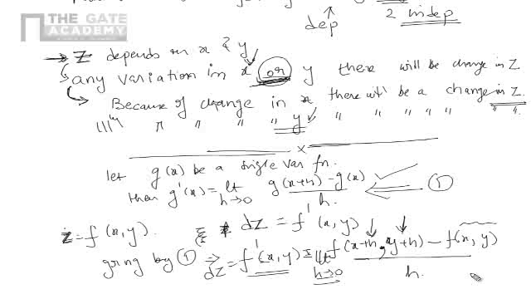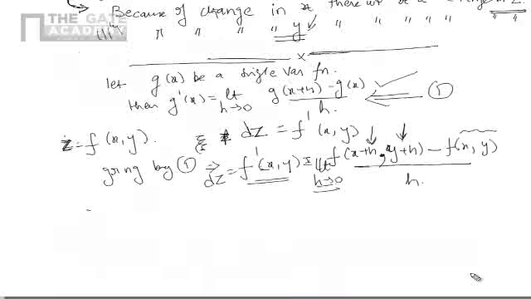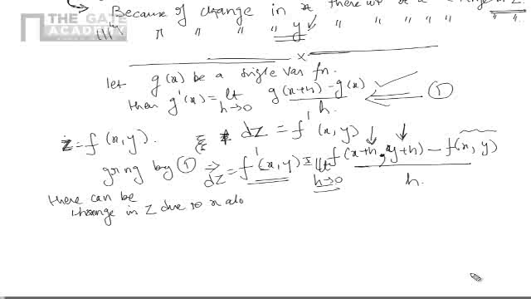There can be change in z due to x alone. Something like limit h tends to 0 of f of x plus h, comma y, minus f of x comma y, by h.